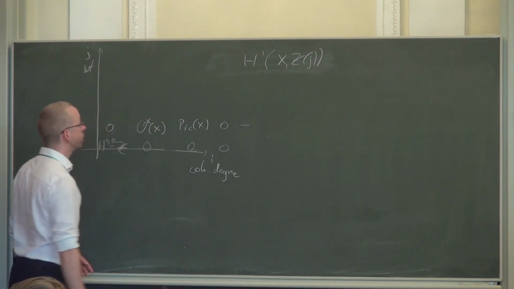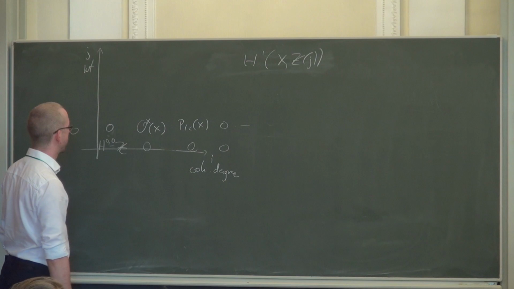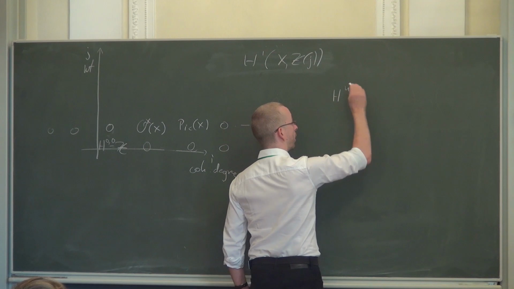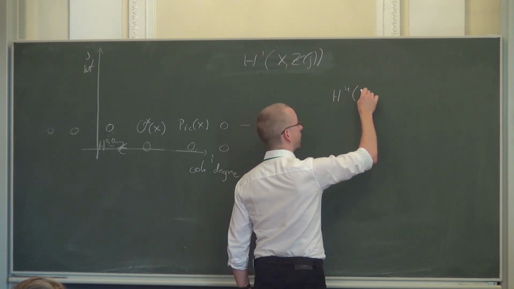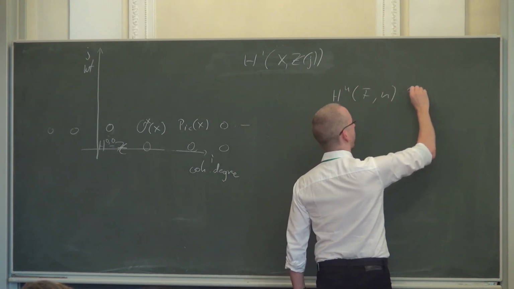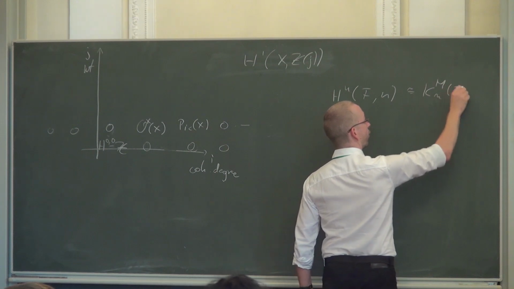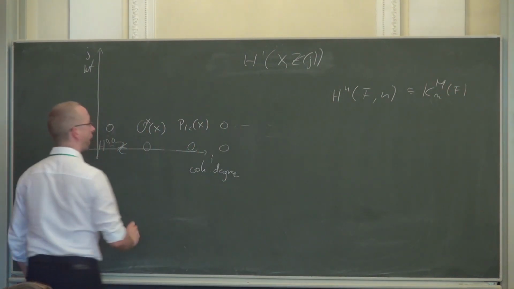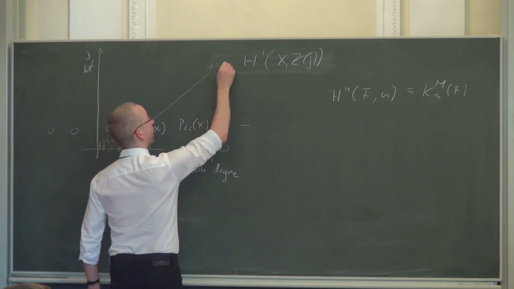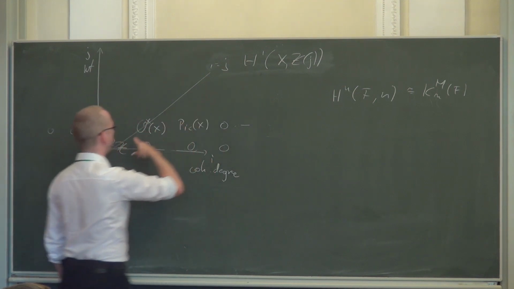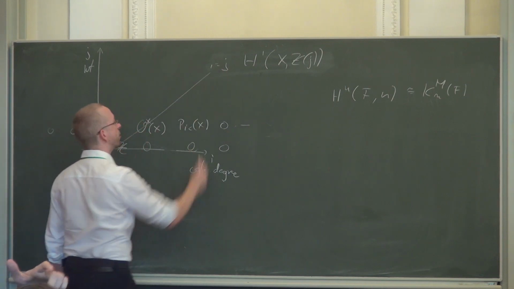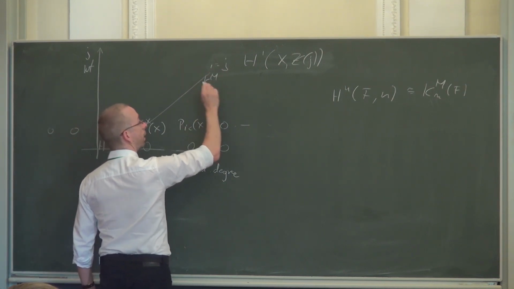So the identification with Milnor K-theory is that, let's say in the field case, H^n(F, Z(n)) is isomorphic to the Milnor K-group K_n^M of the field F. And that would be roughly this line i equals j here. So if we're talking about a field, we would find the Milnor K-theory on this line.